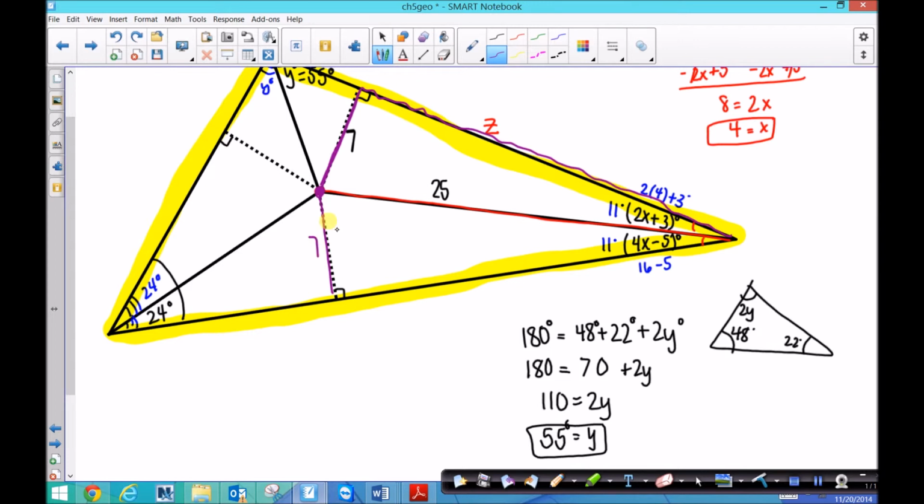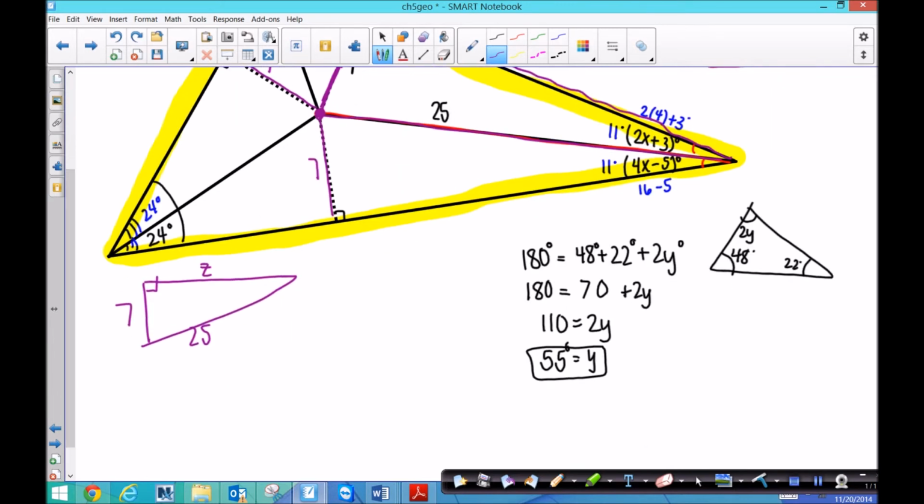We have another 7 down here. And we have our last 7 on this side. And what we're able to do now, we can look at the 7 and the z, and we can notice that we have a right angle. So if we complete this as a triangle, we have the triangle contained of 7, z, and 25. And I wrote that down here at the bottom so that we can see kind of what's going on in our picture.